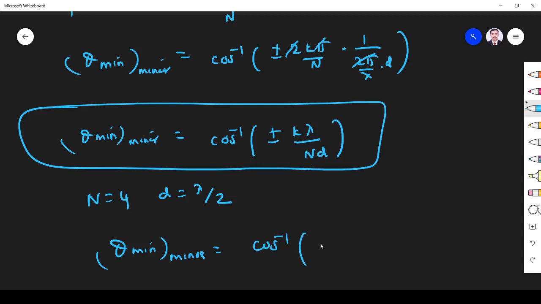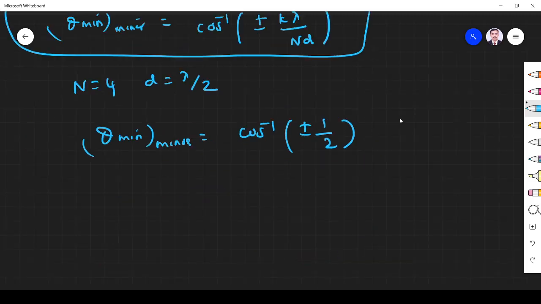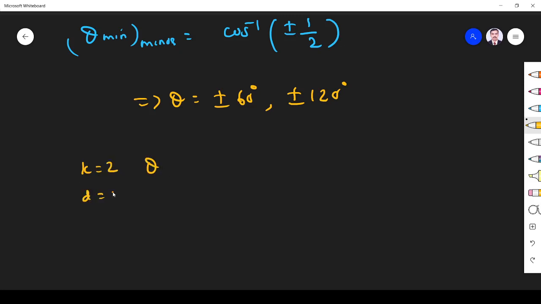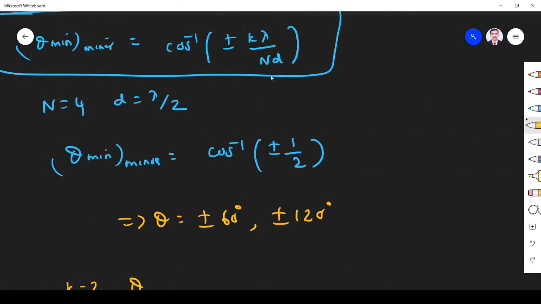If you substitute, what we get is plus or minus 1 by 2. What is the meaning? This indicates theta is equal to plus or minus 60 degree or plus or minus 120 degree. For k equal to 2, if you substitute, d equal to lambda by 2 in this equation, what will happen?